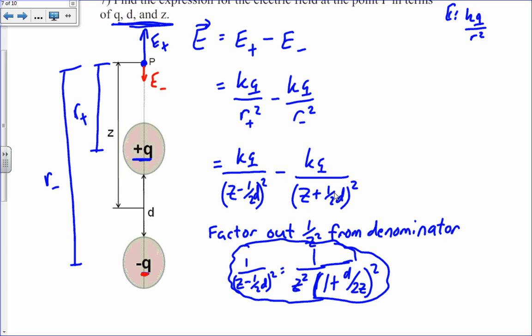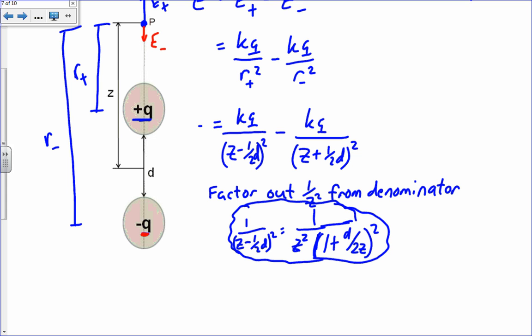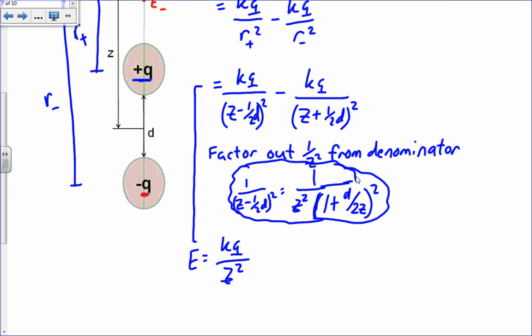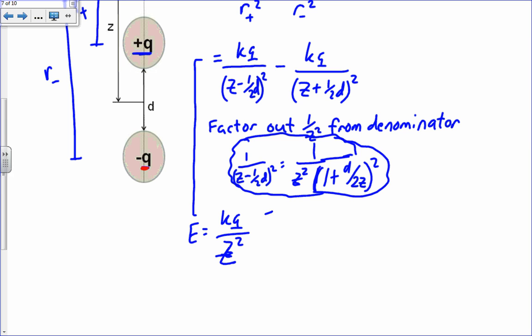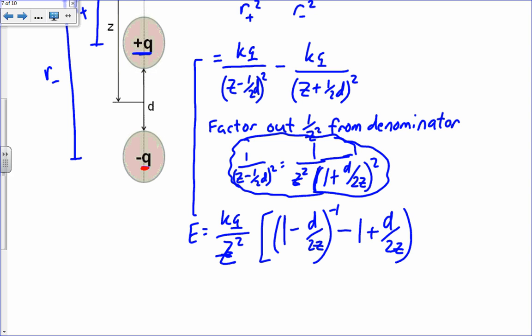So I can rewrite this. And when I factor out that 1 over Z squared, I can rewrite this as E is equal to KQ over Z squared, there's that 1 over Z squared that I factored out, times 1 minus D over 2Z to the negative 1, that's from the first term, minus 1 plus D over 2Z, that's also to the negative 1.